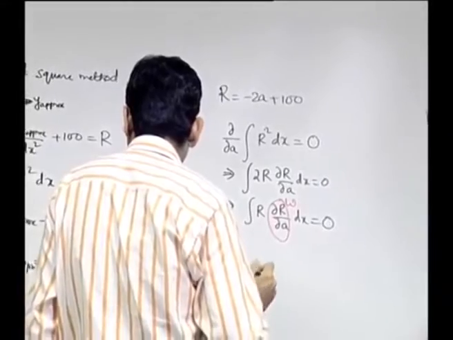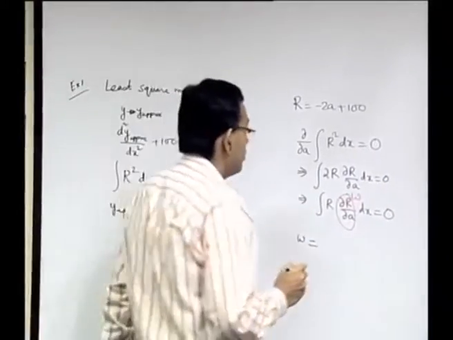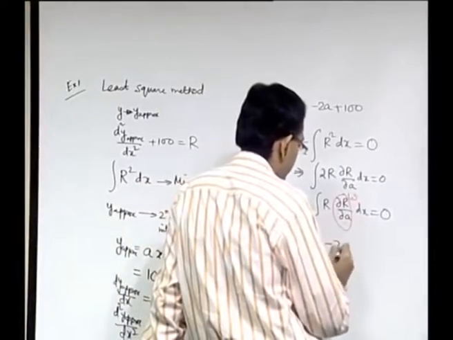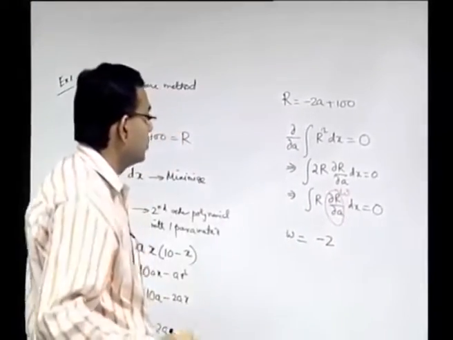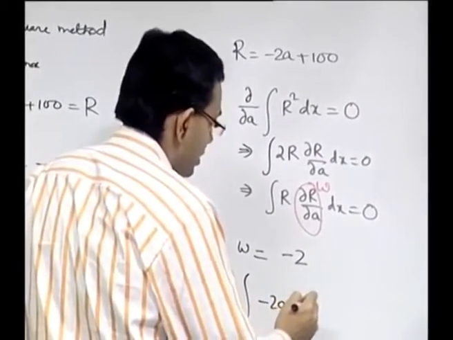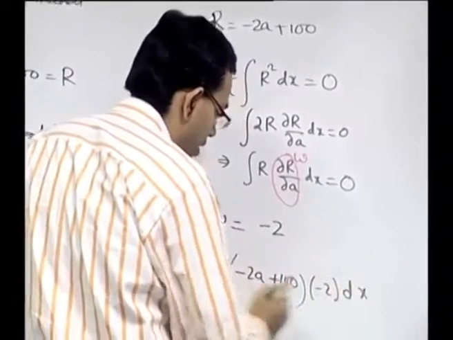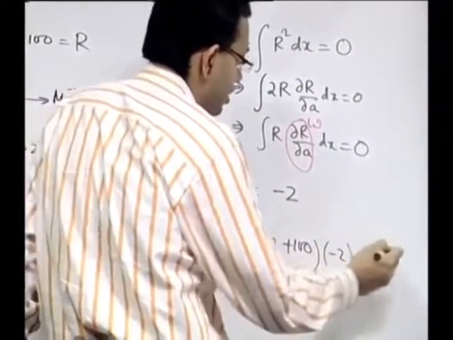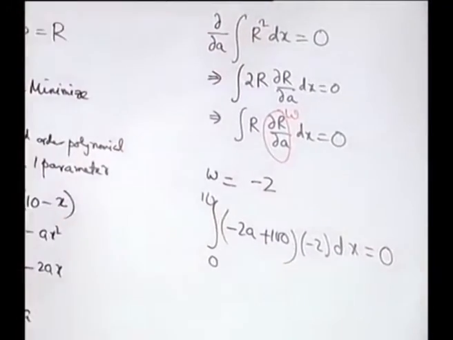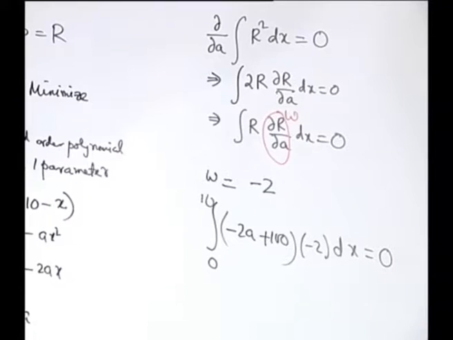Weighting function is minus 2. So, integral of minus 2a plus 100 times minus 2 dx, the limit of x equal to 0 to 10, that is equal to 0. That is the outcome of our formulation. Least square method, which we have seen, may be perceived as a special case of the weighted residual method.